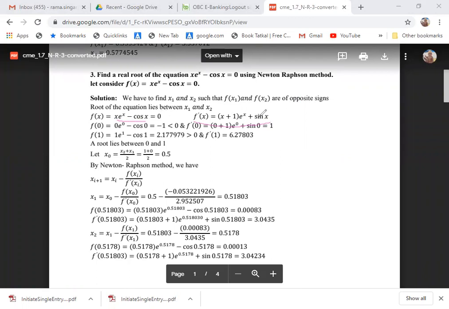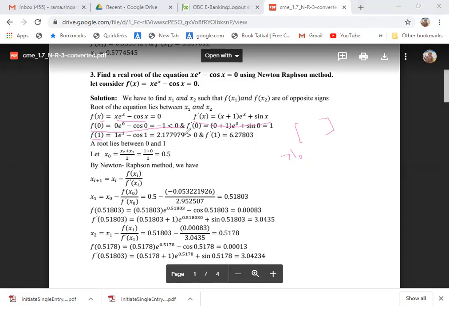As I told in the previous problem, before choosing x naught, we should know the interval where the root of the equation lies exactly, for which we are taking x values randomly. x is taken as 0, so that f of 0 is obtained as negative. And then taking another value, x equal to 1, f of 1 is obtained as positive.